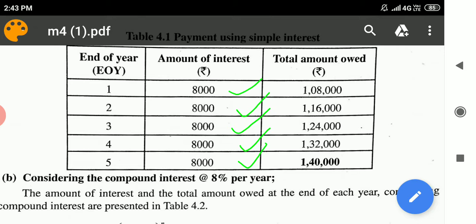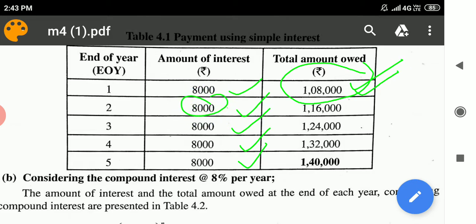And in these cases, first we have to calculate the total amount: 1 lakh plus 8,000 corresponding to the first year. So we will get 1 lakh 8,000 rupees.